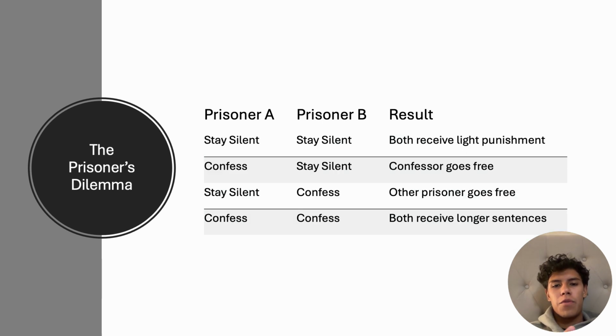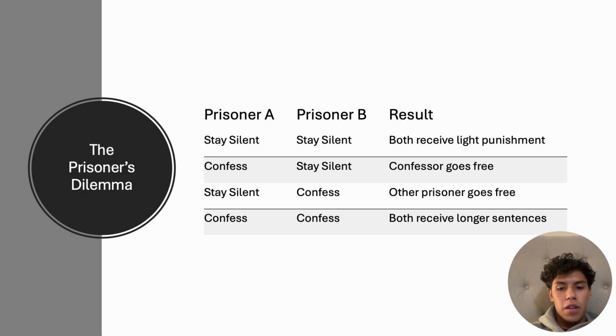One of the most famous examples in game theory is called the prisoner's dilemma. Imagine that two people are arrested for a crime and questioned separately. Each prisoner has two choices: remain silent or confess. If both prisoners stay silent, they both receive only a small punishment because there is not enough evidence against them. If one prisoner confesses while the other remains silent, the prisoner who confessed goes free, while the other receives a much longer sentence. If both prisoners confess, they both receive longer prison sentences.